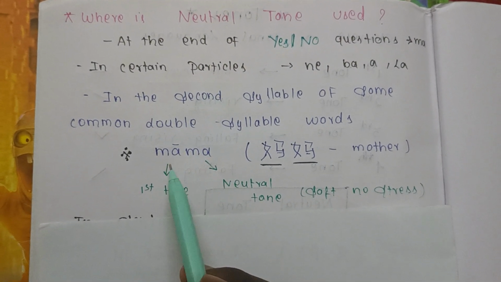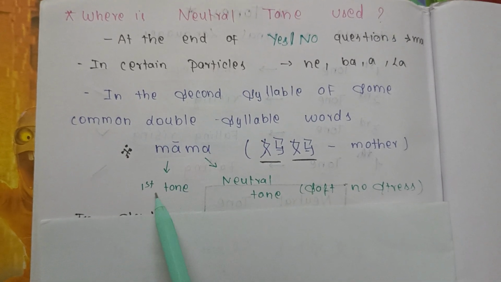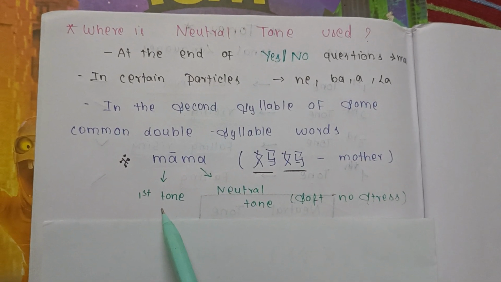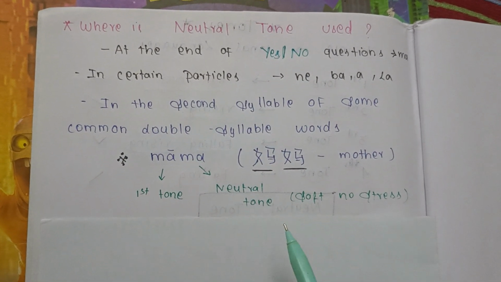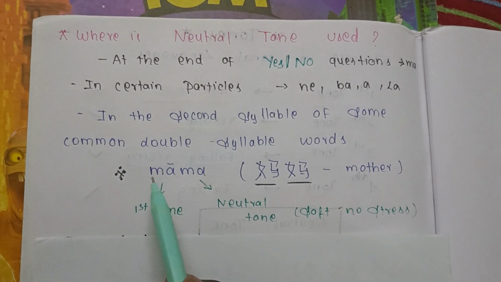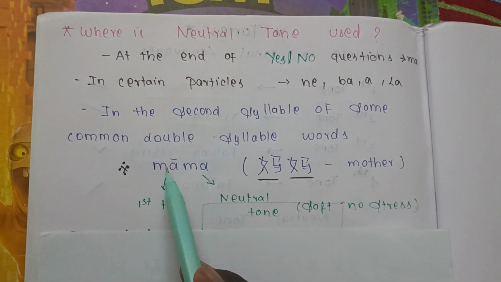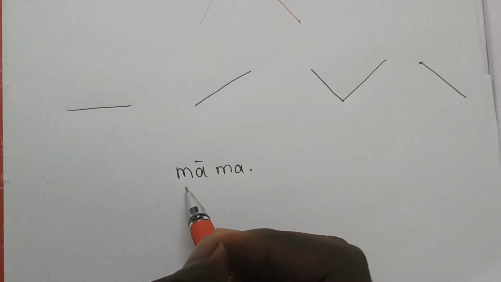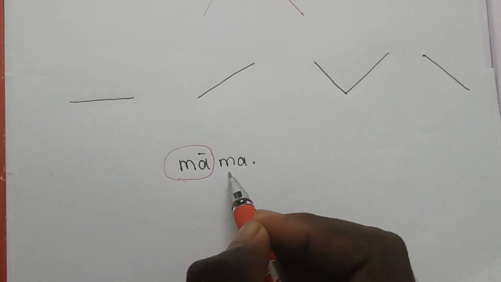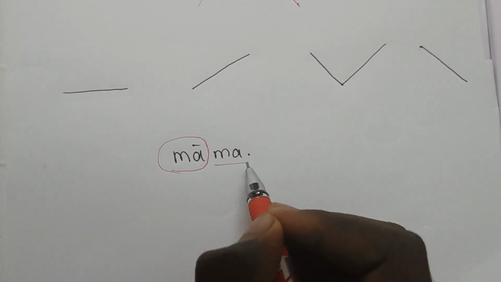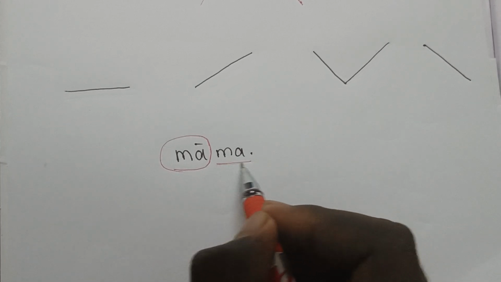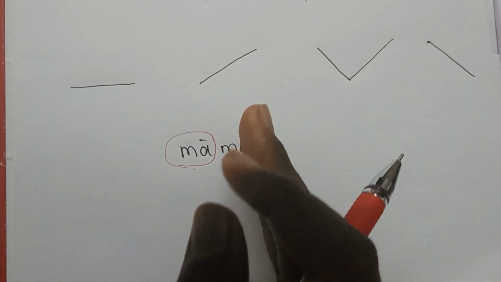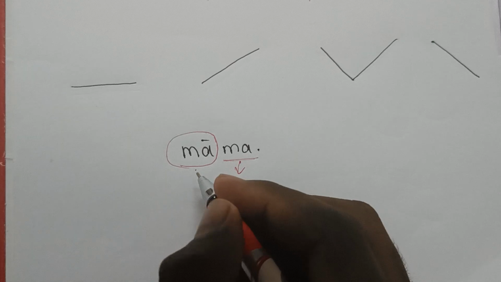If there are two syllables, the first tone will be high level and the second will be the neutral tone. Let's see how it is pronounced. Ma, ma. Notice the difference. It has to be pronounced very softly, but the pitch should be maintained and high.